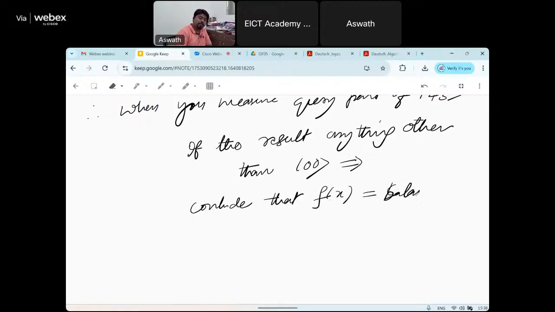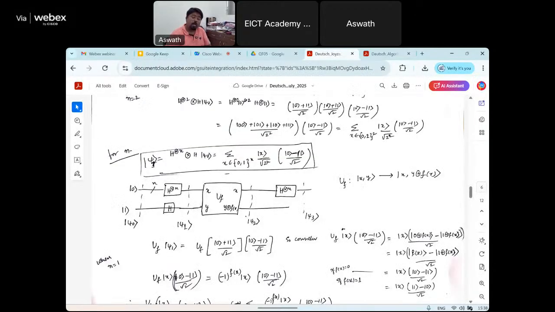Very simple logic. You measure the query part. If the query part is all zeros, then you can simply say the function is constant. If not, it should be something else other than the zero state, so the function is balanced.